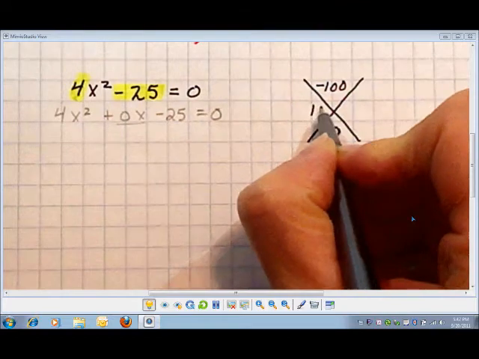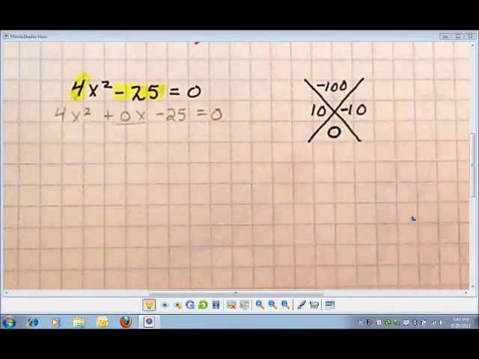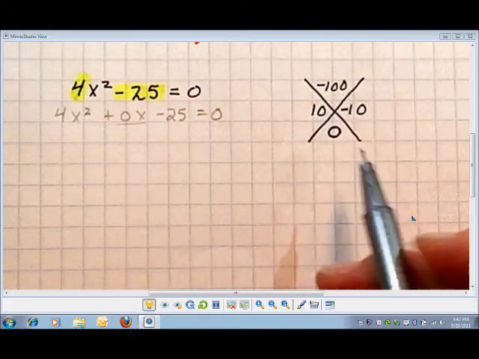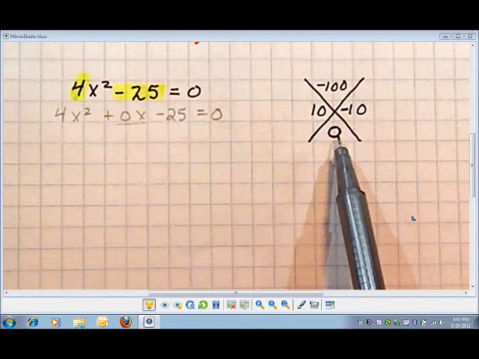Well, 10 times 10 is 100, but one of them has to be negative since 100 is a negative. So 10 times negative 10 is negative 100. 10 plus negative 10 is 0.